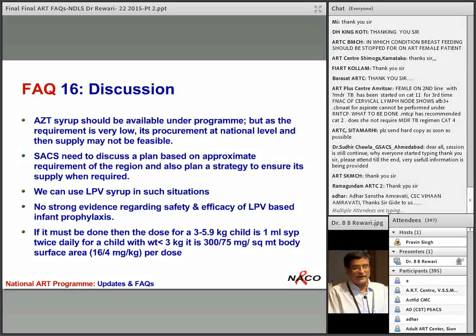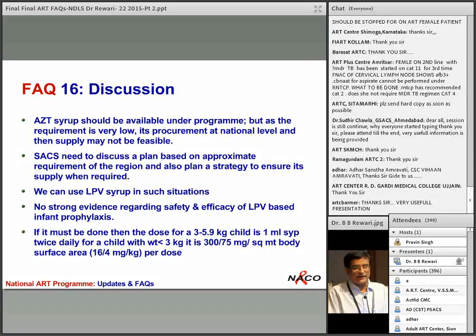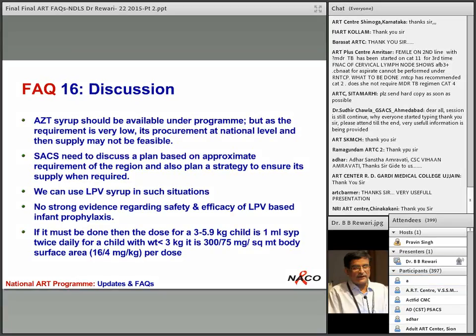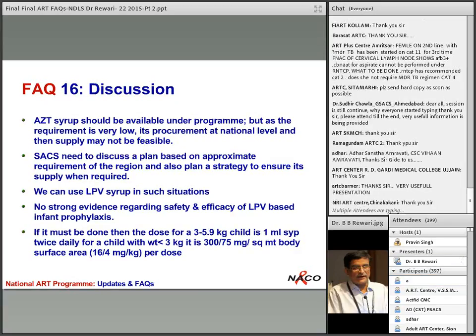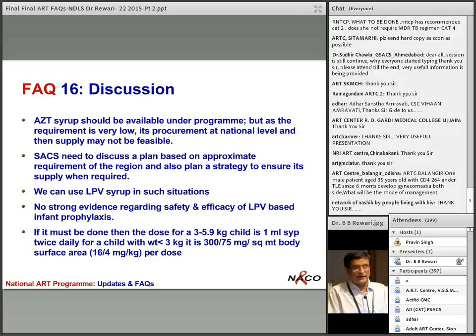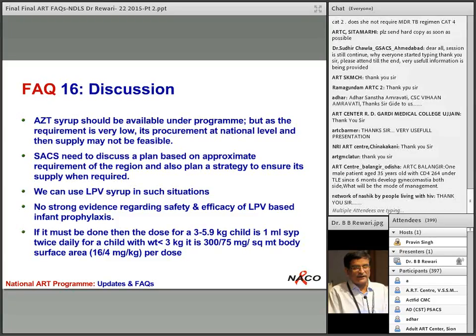We should use lopinavir-ritonavir syrup in such situation, though there is no strong evidence regarding safety and efficacy of lopinavir based infant prophylaxis. But since we have no other option, it should be used, and the dosage is, for children of 3 to 6 kg, 1 ml twice daily, and for children less than 3 kg, it is according to the body surface area.